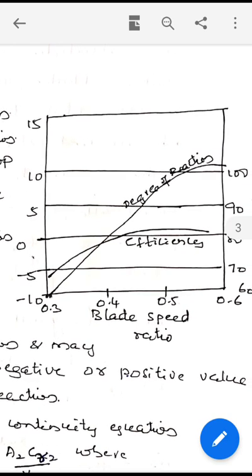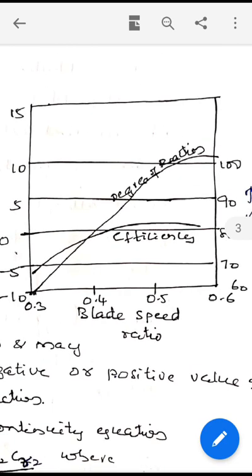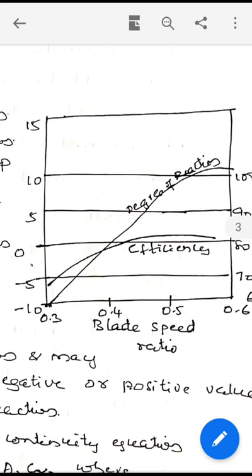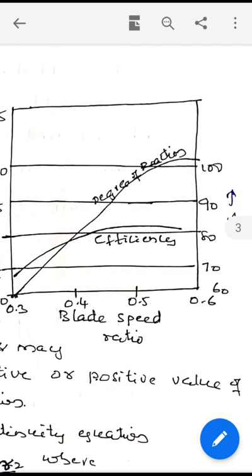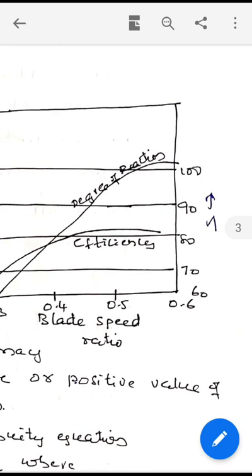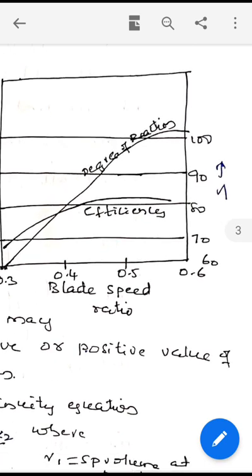Therefore, we will get a degree of reaction somewhat positive or negative, as shown in the figure. Also, we can see that the efficiency of the blade varies with respect to the blade speed ratio, as already has been discussed earlier. The variation of efficiency with blade speed ratio is also shown in the figure.